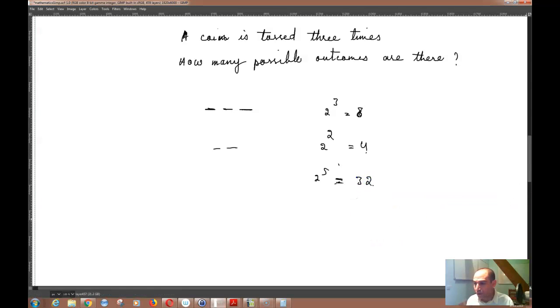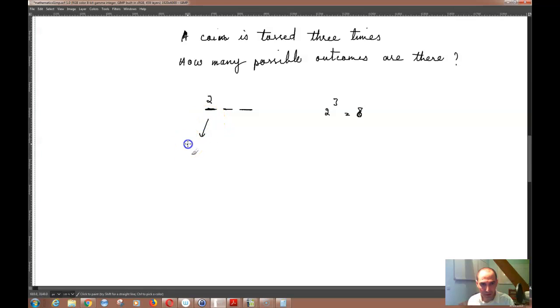Now, what's important here is basically why that happens. The first time that you toss the coin, over here you could get heads or tails. That means that there are 2 ways of filling this placeholder.